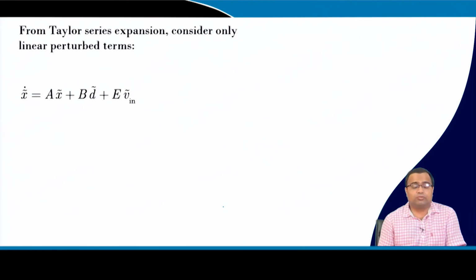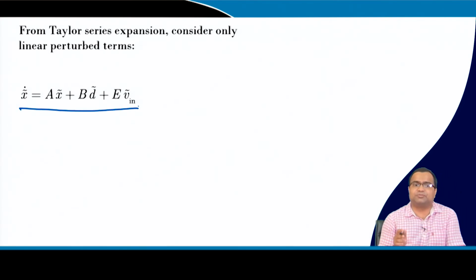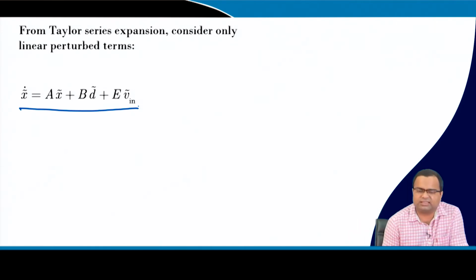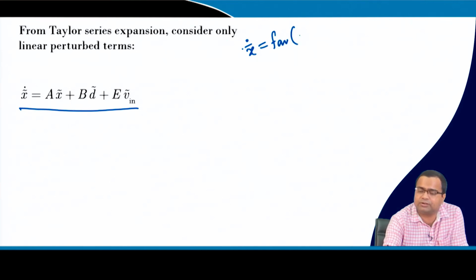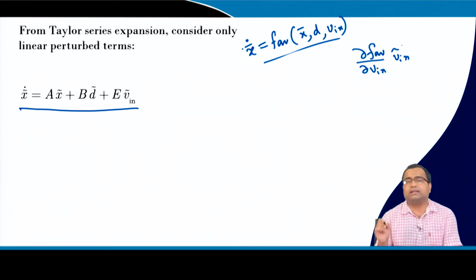So, now we have considered the perturbation. In fact, we can also consider input voltage perturbation, which we have not considered, but you can follow the same process, right. That means we can obtain X average dot in terms of F average. We have considered only duty ratio, but you can also write V in, and again you have to consider another term, dou F by dou V in into V in tilde.